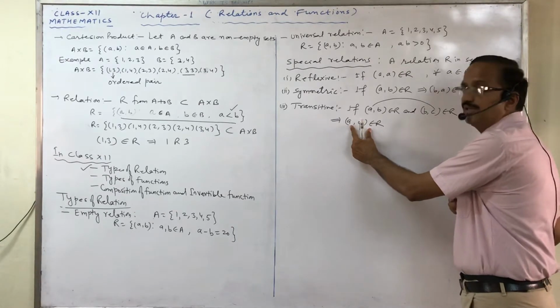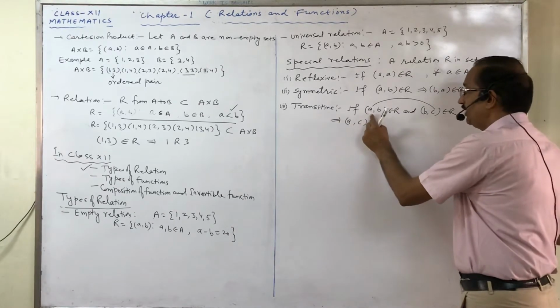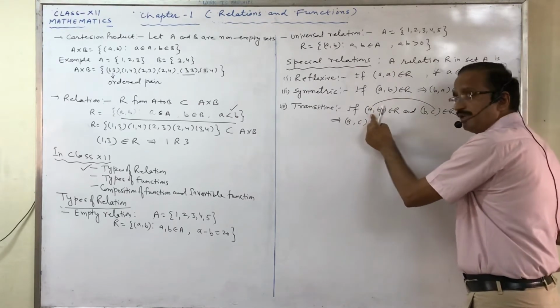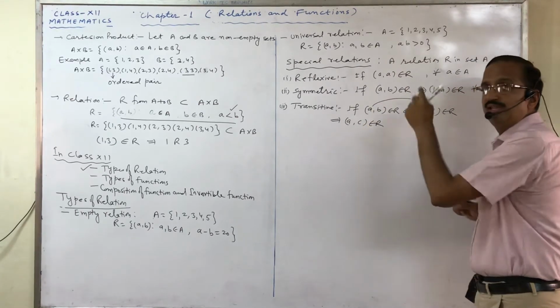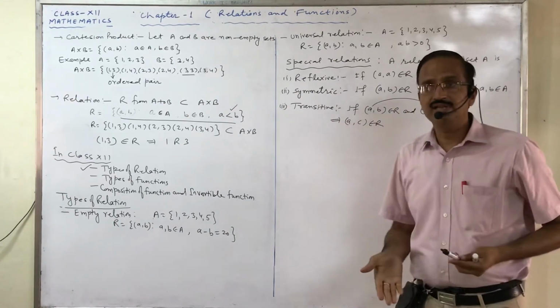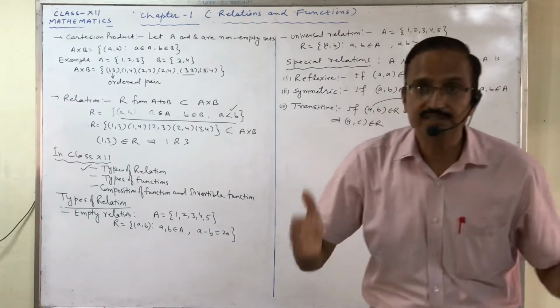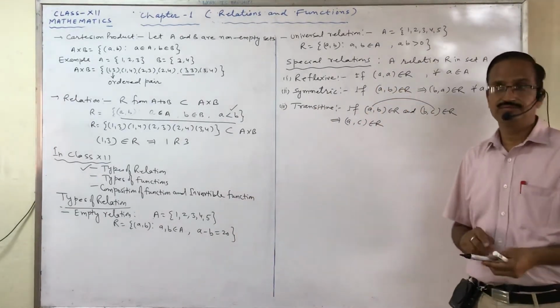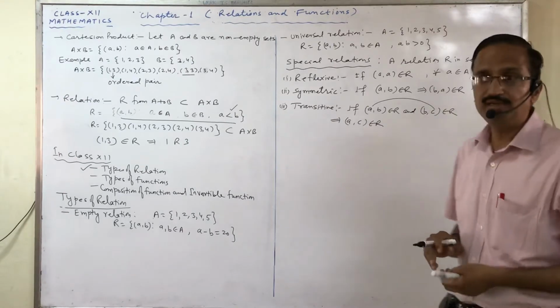We will not check this condition. If these two are possible, then only we will check this. If one is possible, the other is not possible, then we don't think about this third condition, or directly we can say that the relation is transitive. This is very, very important. We will use this in the questions also, the questions of exercise 1.1.